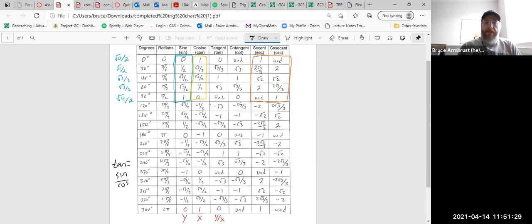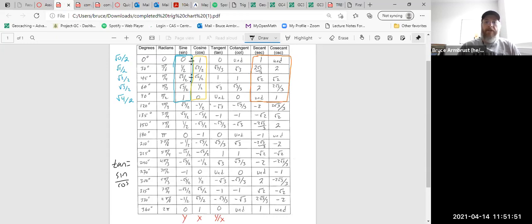So if you want to get the tangent numbers, all you have to do is take the sine and divide it by the cosine. Check it out. 0 divided by 1 equals 0. So I can even put a little divide by thing right there, right? Or come down to 45 degrees, pi over 4. I have square root of 2 over 2 divided by square root of 2 over 2.